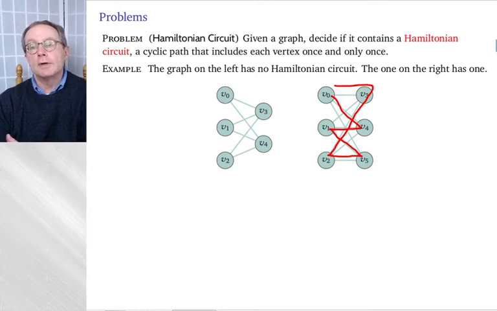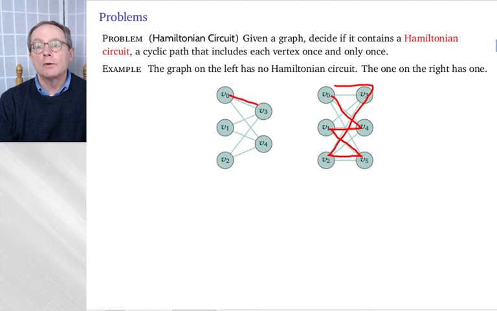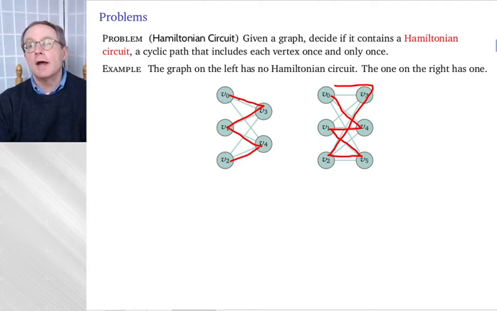So for every over, there's not a back. You can go over, and then over, and then over, and now you're kind of stuck because there's no way to go back to here and then back to there. Okay, so the graph on the left here has no Hamiltonian circuit, but the graph on the right does.